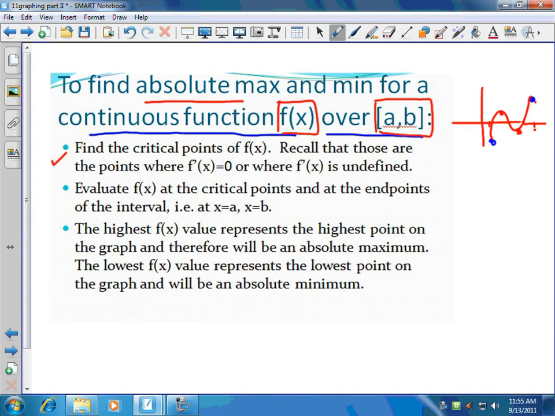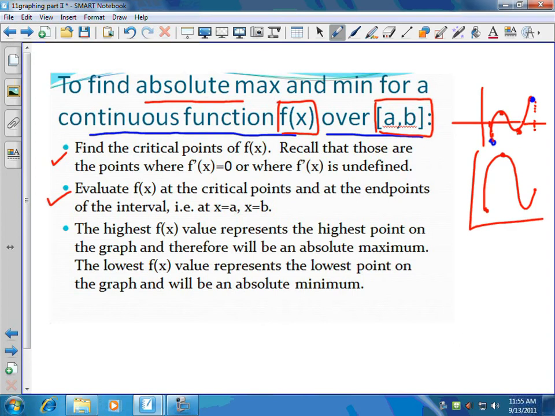Second, we're going to evaluate the function at the critical points as well as at the endpoints of the interval. Why do we do that? Because endpoints are candidates to give us absolute max or min points, but sometimes you can have a situation like this, where the absolute maximum point on the graph occurs at a critical point.